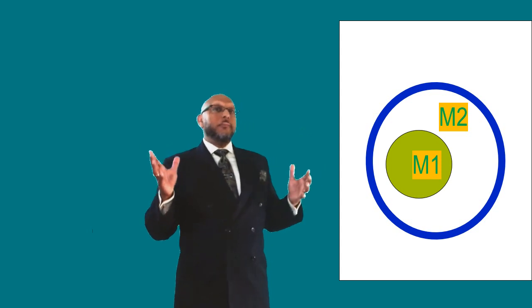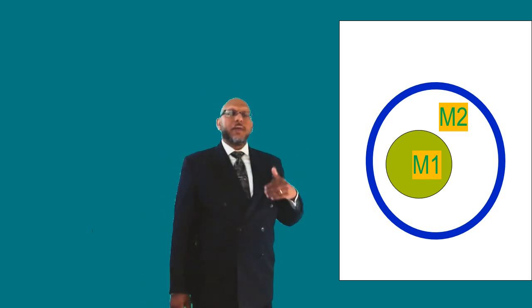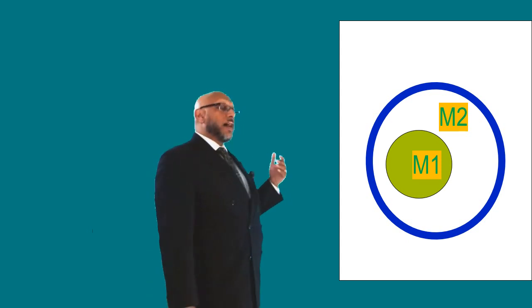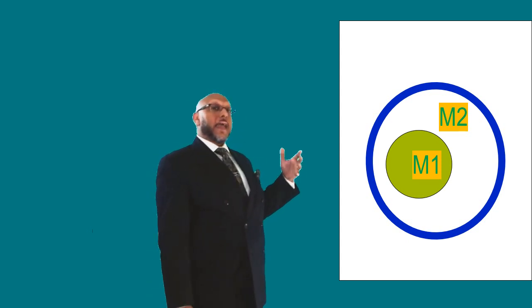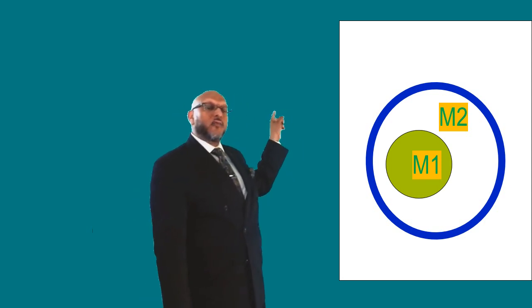So M1 is part of M2, and M2 is considered our money supply. And that is what we count as money supply. It is the cash that we have available to us. Now, that money supply actually can grow, but it grows not because of the movement in between.